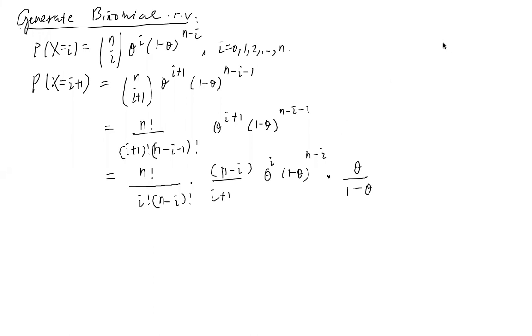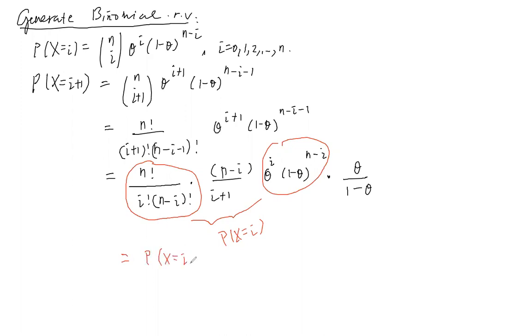Okay, so this part here gives you your previous binomial probability, right? So that's why you can express this as the previous binomial probability multiplied by n minus 1 over I plus 1 times theta over 1 minus theta.